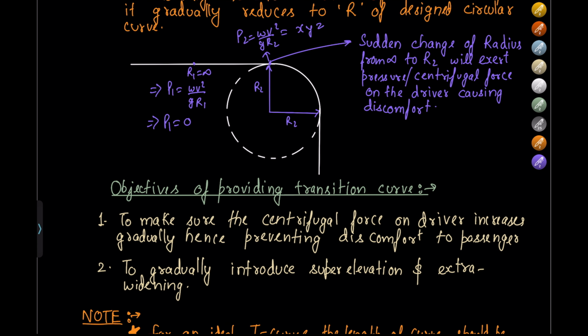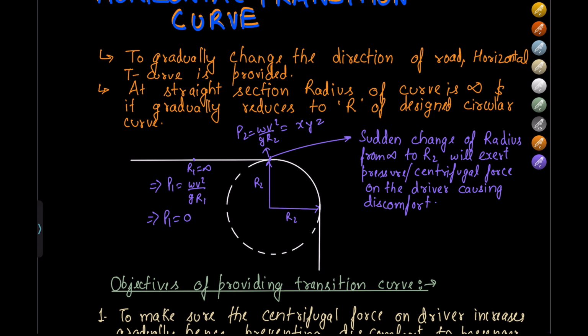Now, what are the objectives of providing a transition curve? It is to make sure that the centrifugal force on the driver increases gradually, and hence it prevents discomfort to the passenger. Second point is to gradually introduce super elevation and extra widening. For a concept, we understand that here the width of the pavement is this, and we need to increase the width due to extra widening.